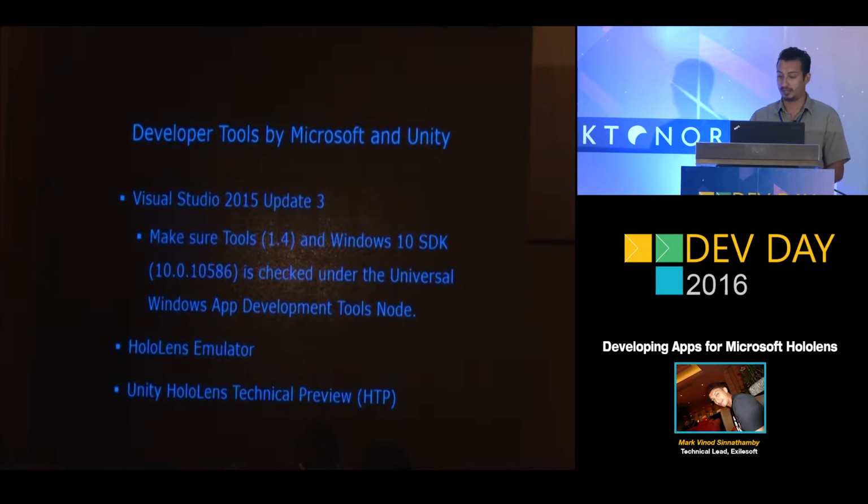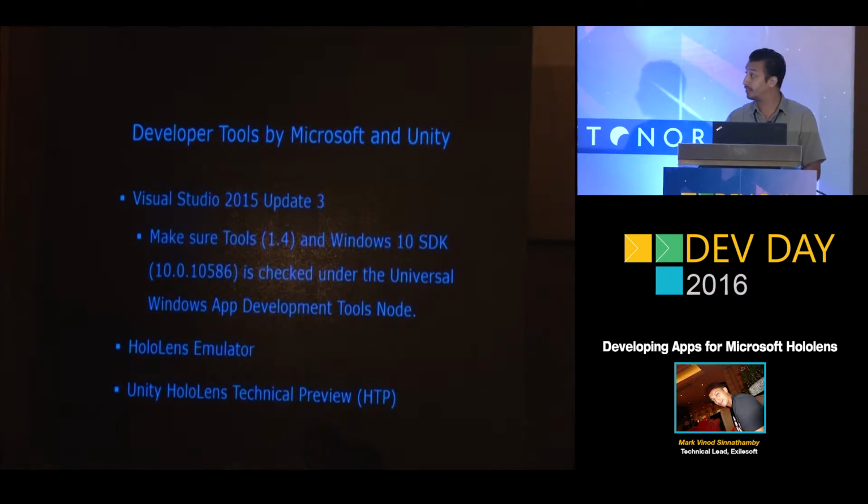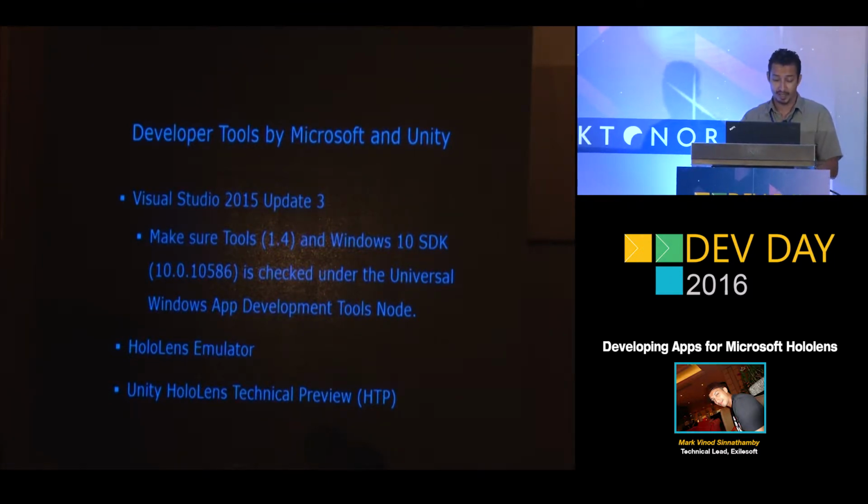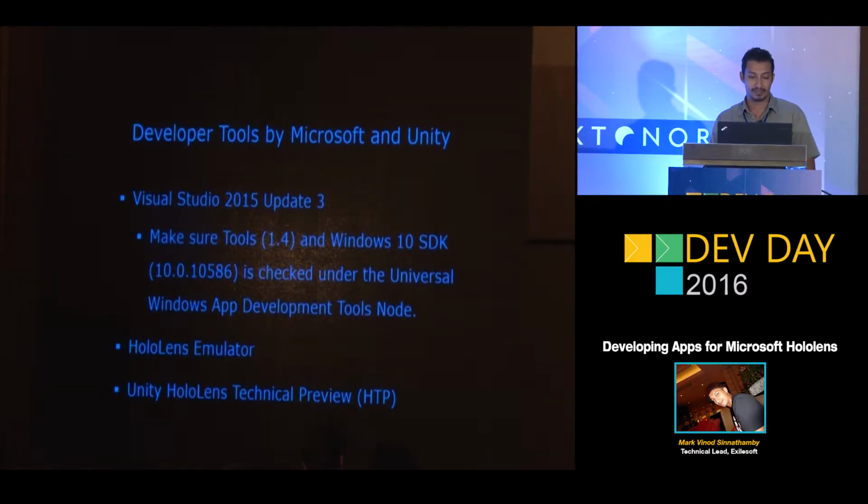When you're installing, you have to make sure that the tools and Windows 10 SDK is checked under the Universal Windows App Development Tools node, which I will just show in the next slide. And then we have the HoloLens emulator, which is also available for download. And then we have the Unity HoloLens technical preview, which Unity has built specifically for development on HoloLens.